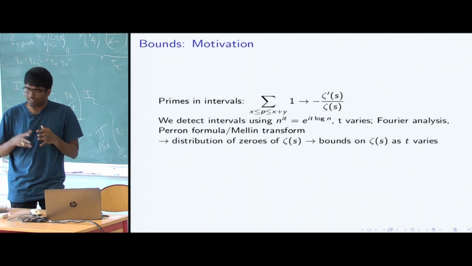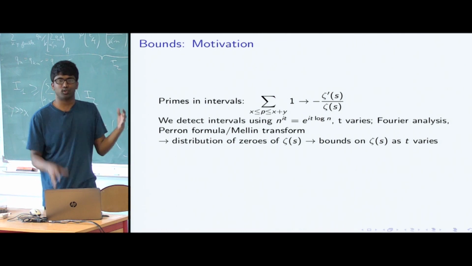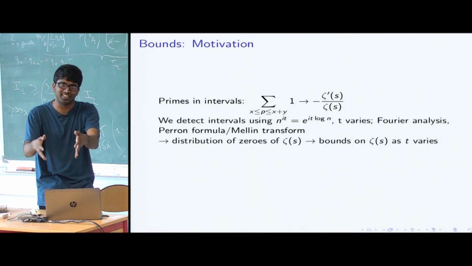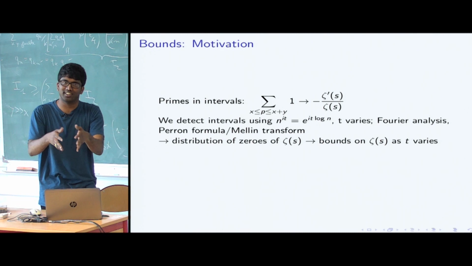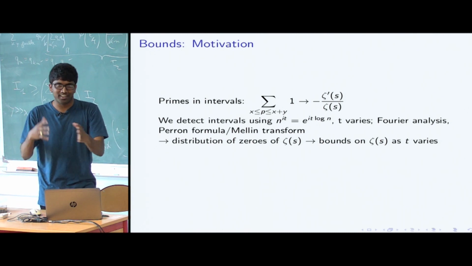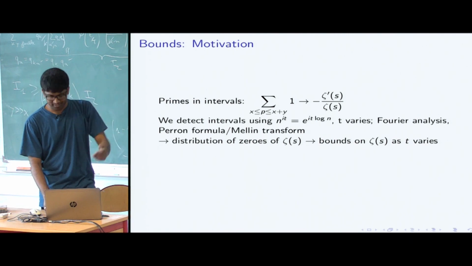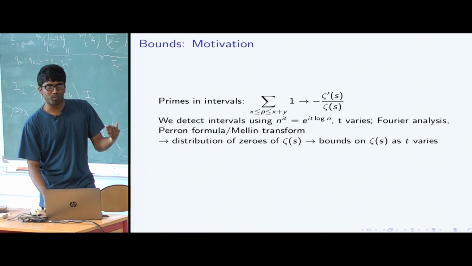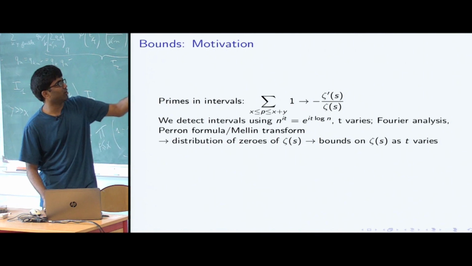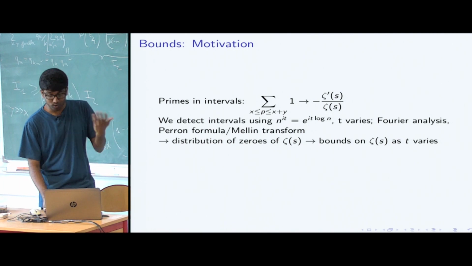But the only tool that we have to understand the distribution of zeros is through bounding zeta. There's no way to access zeros of zeta other than doing something about the sizes of zeta, different kinds of sizes of zeta. So that's why understanding bounds on zeta is an important problem. If you want to understand the primes in an interval more precisely, the more precise information comes from more precise information about zeros, that needs bounds on zeta.